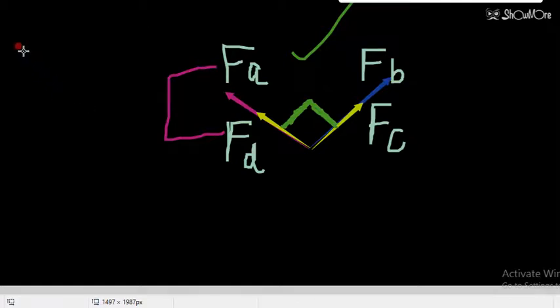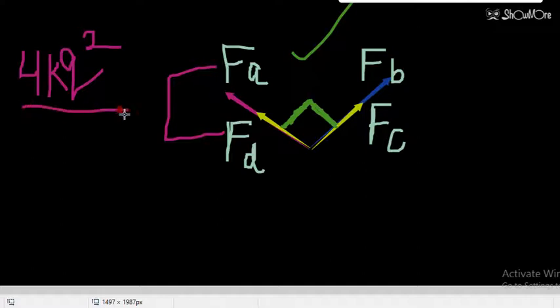One force is equal to 4K into Q square by A square, that we have calculated just a few minutes earlier. This is the magnitude.